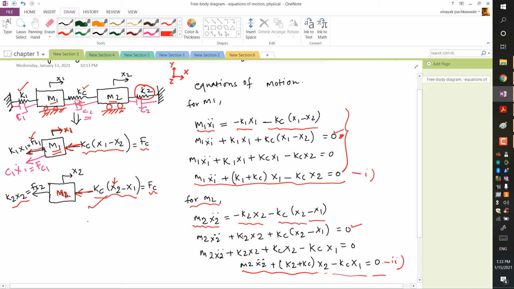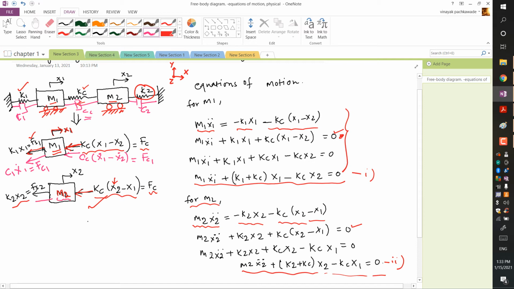This damping or frictional force will also oppose the movement of this object, indicated by cc, and the relative movement will be expressed as the difference of two velocities, x1 dot minus x2 dot. We can model this force as Fcc. Similarly we do it for object m2.